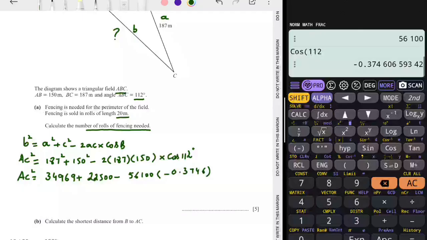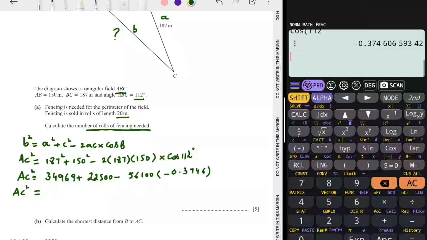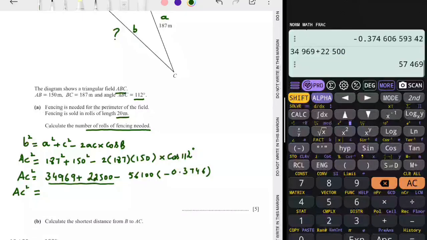Now we will further simplify. First we add the first two values, 34969 plus 22500, so this becomes 57469.